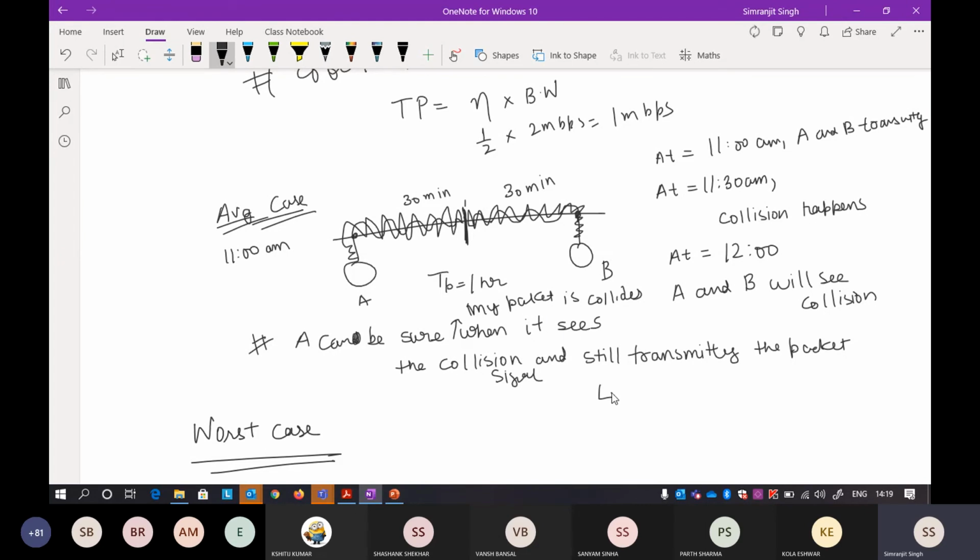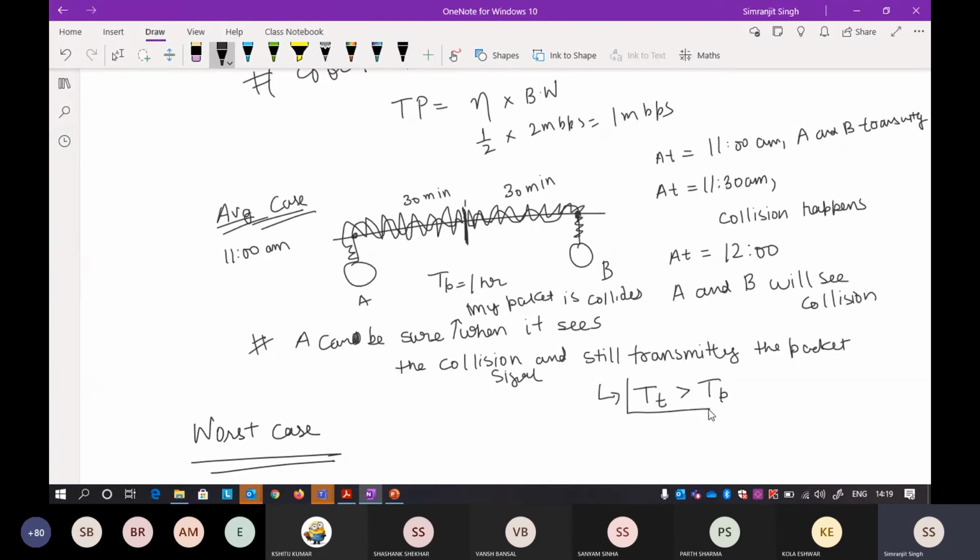For this, my transmission time has to be greater than my propagation time. Why should it be greater? Suppose I get the collision signal back after 1 hour, because TP is 1 hour. If at that time I am still transmitting the packet, I get to know that it is my packet that has collided.